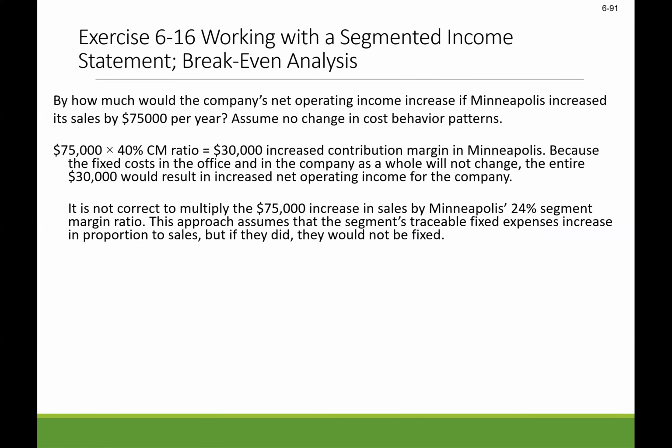By how much would the company's net operating income increase if Minneapolis increased its sales by 75,000 per year? Well, if you look at the contribution margin ratio, 30,000 would be increased contribution margin. Since they say their fixed cost won't change, that entire 30,000 will be an increase to net operating income.